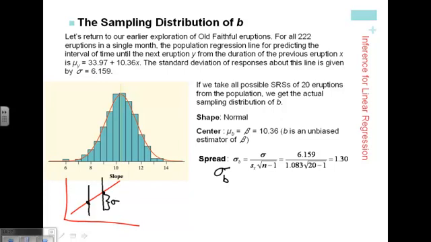In other situations where we've had formulas that are dependent upon sigma, I don't know, z is equal to x bar minus mu over sigma divided by root n, we've had this problem before. We've had a formula that references a sigma that we don't know.